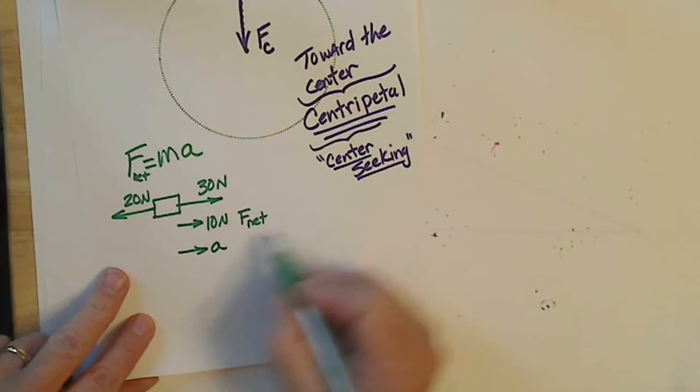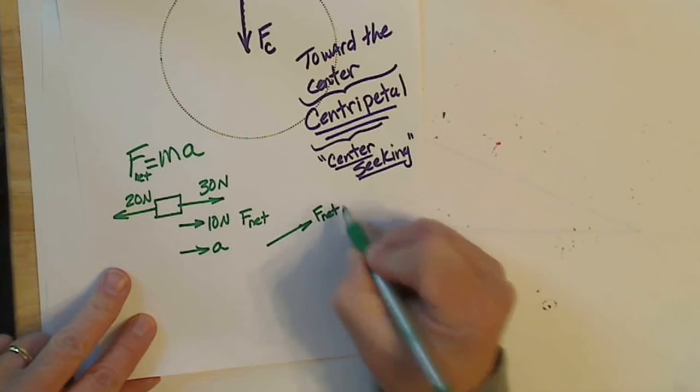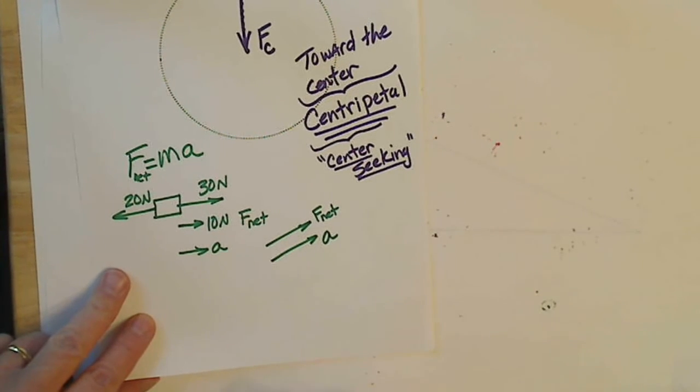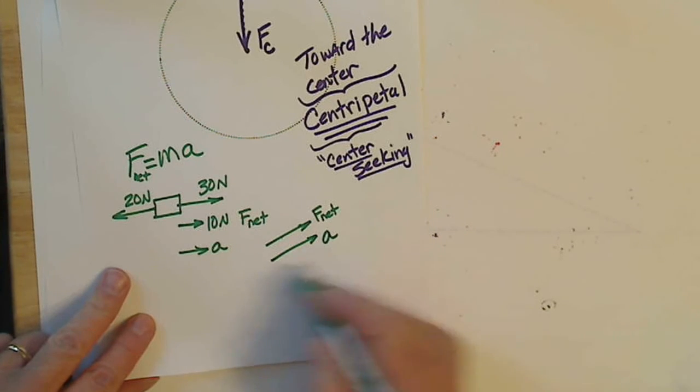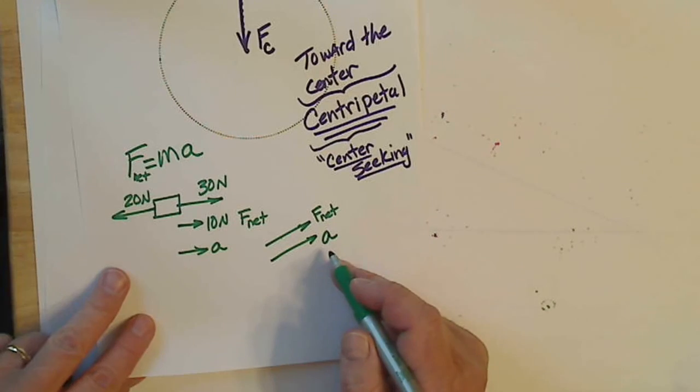So whichever direction the net force is pointing, the acceleration is going to also be in the same direction. No matter which direction the net force pulls, the acceleration is going to be in the exact same direction.